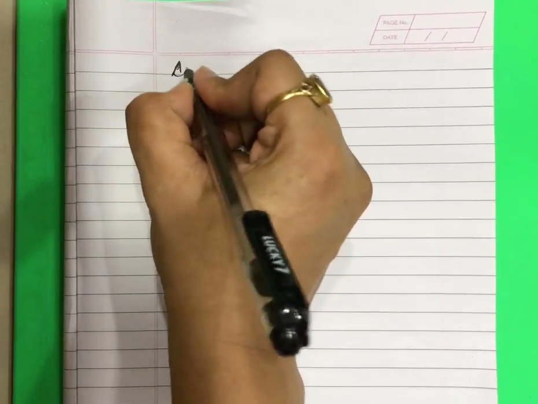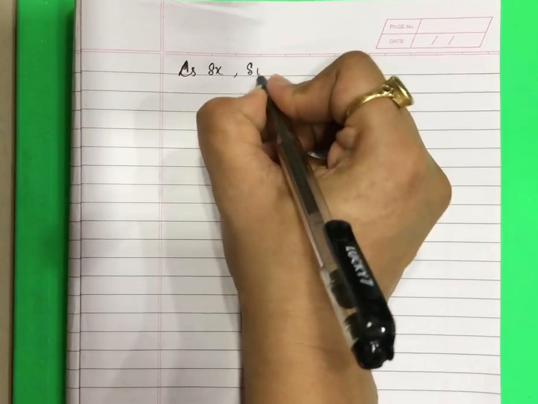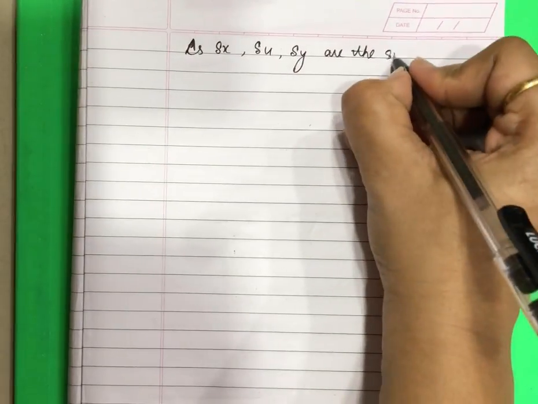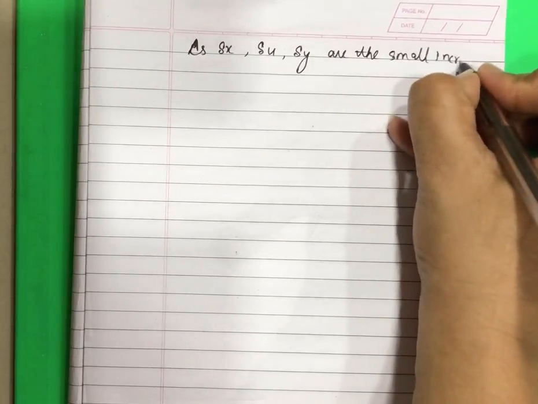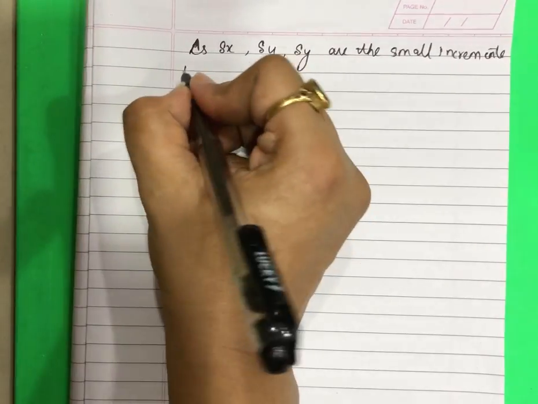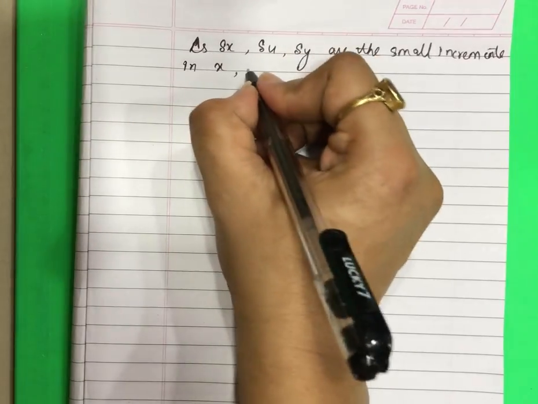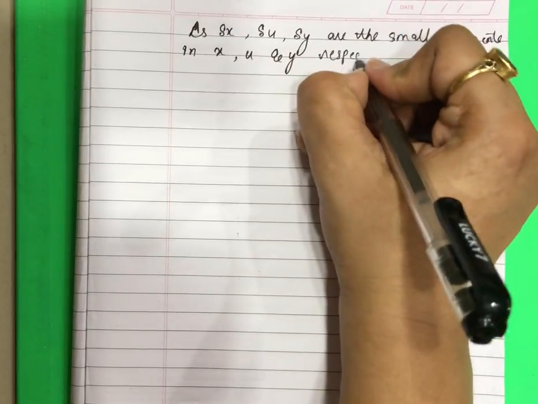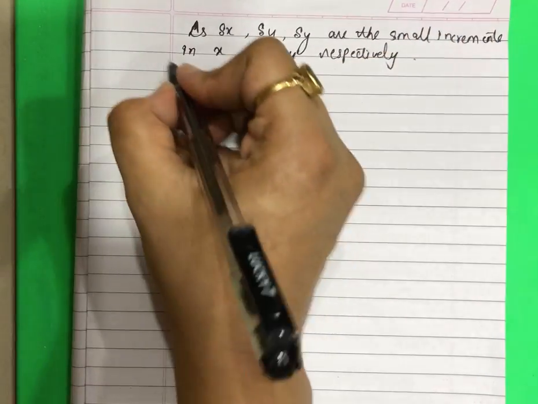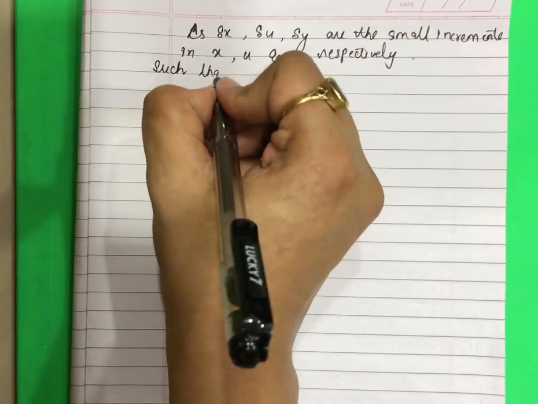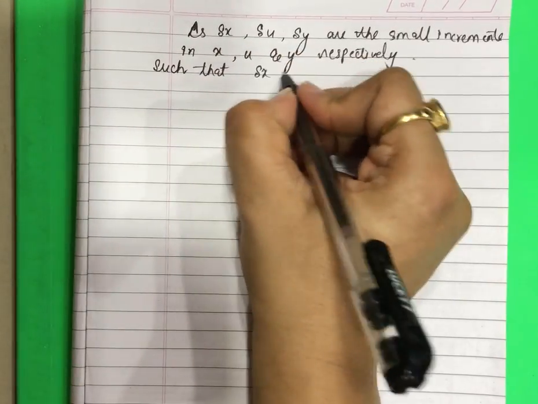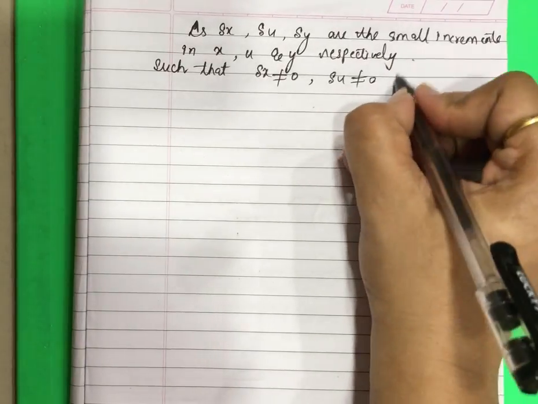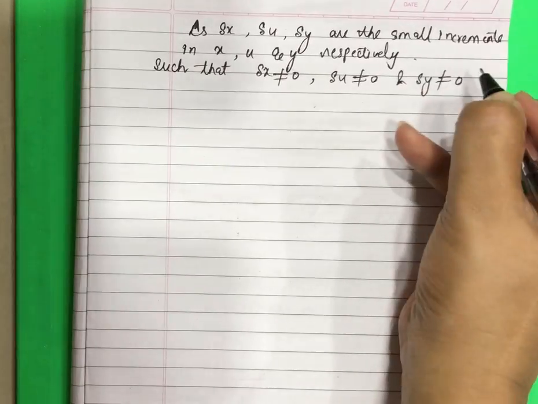So del x, del u, del y are the small increments in x, u and y respectively, such that del x is not equal to 0, del u is not equal to 0 and del y is not equal to 0.